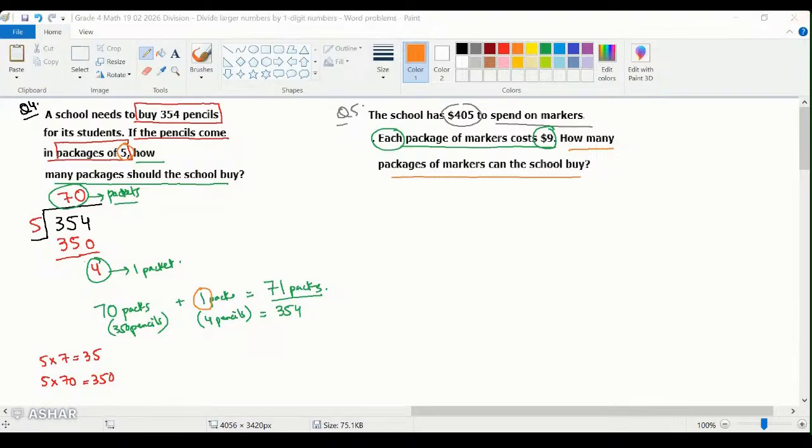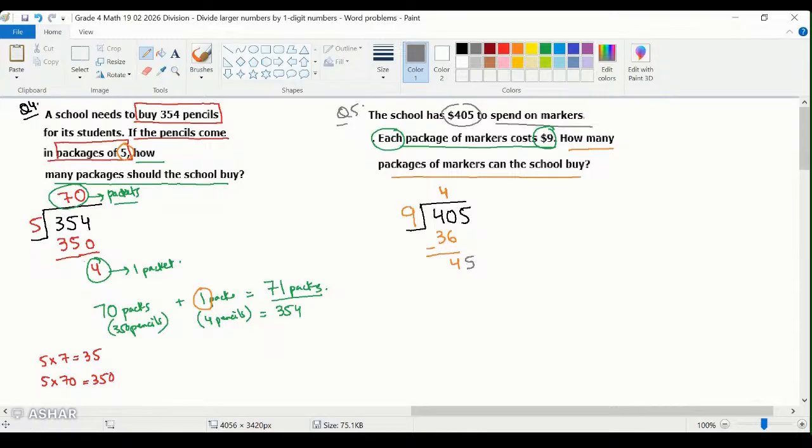So when we divide 405 by 9, 9 times 1 is 9, 9 times 2 is 18, 27 and 36, right? 9 times 4 is 36. 40 minus 36 is 4. The 5 comes down, right?